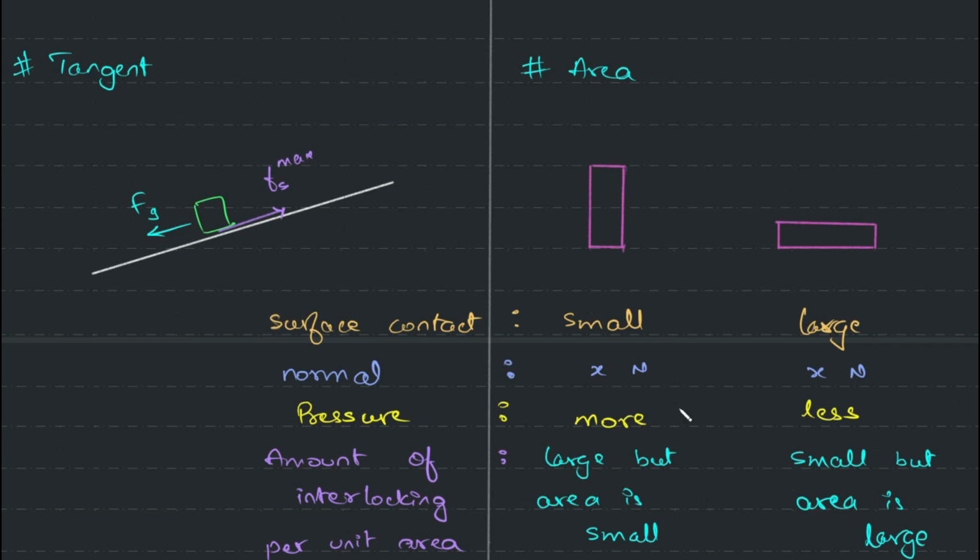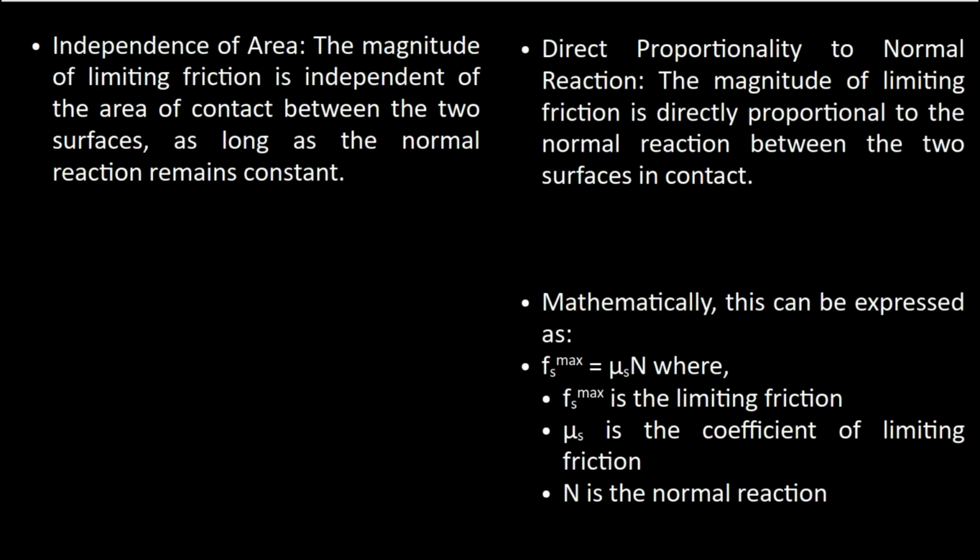If the area is smaller, the interlocking per unit area is larger. If the area is larger, the interlocking per unit area is smaller. Either way, the compensation happens, and you have the same force, same interlocking.